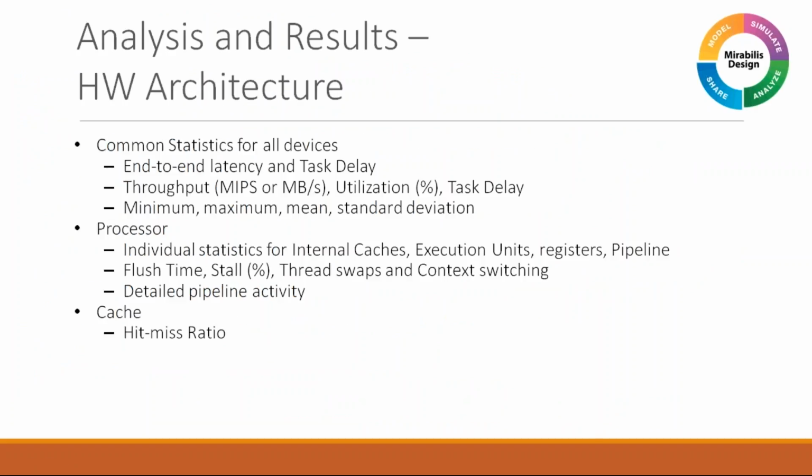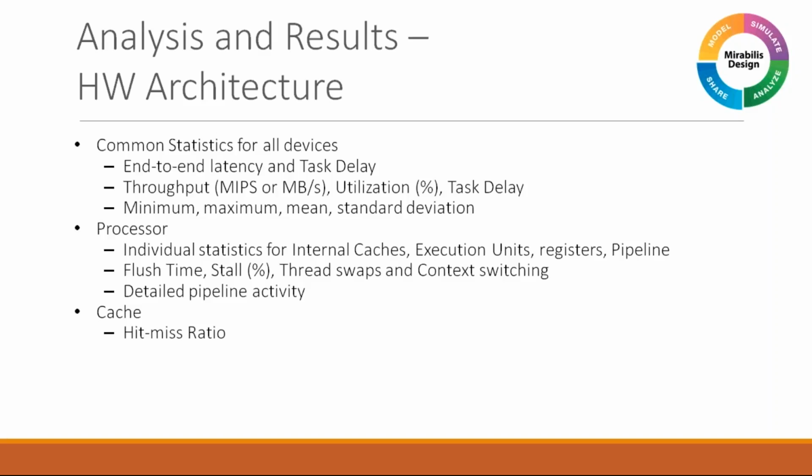So looking at the types of results that help you make decisions on selecting a particular component or algorithm, we look at the end-to-end latency or processing delay, and we look at the throughput, whether it is in megabytes per second or megabits per second, or how many instructions you have processed in your processor itself, and also the utilization of various resources as well.